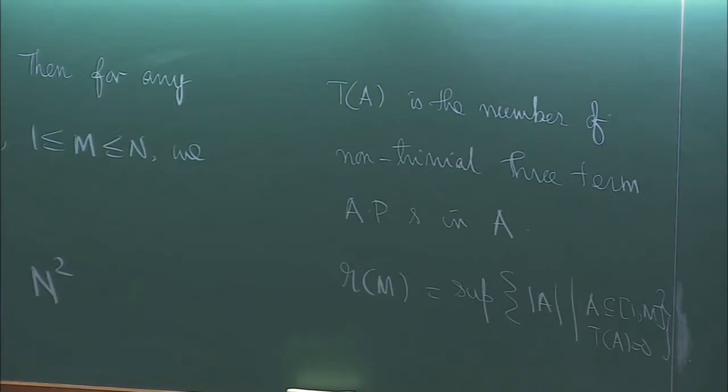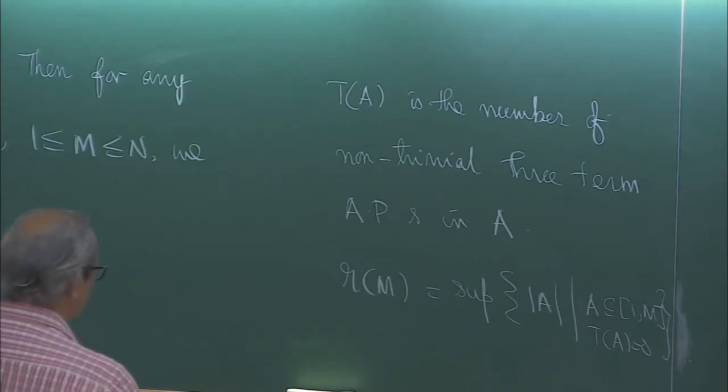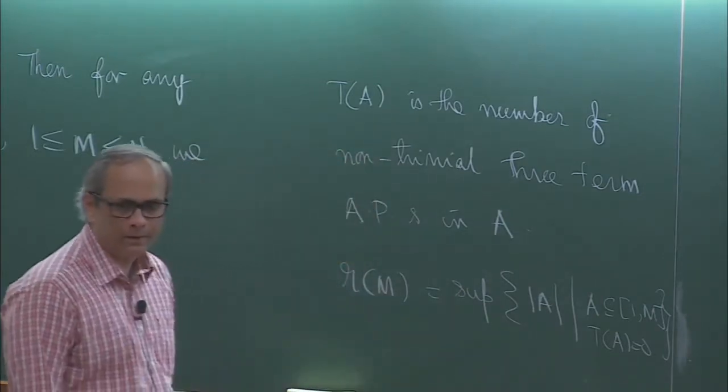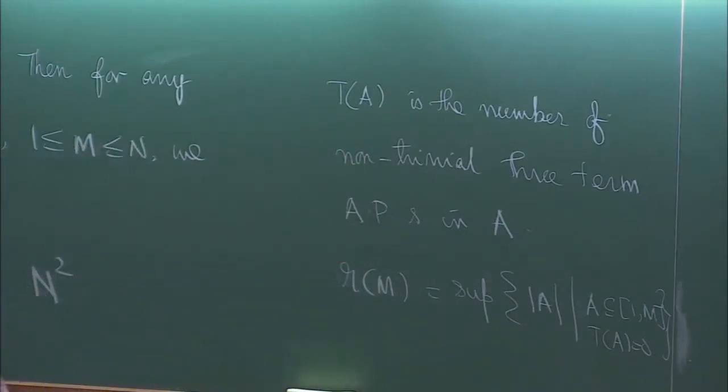Okay, the size has to be the same for any one of the largest size, and that is called R of m. Of course, yesterday we have proved that R of m is subadditive and that the limit of Rm by m exists, and we stated Roth's theorem in weak form, which is what we will prove, as that limit is equal to 0. Okay, and the first step was to prove this theorem of Varnamides.